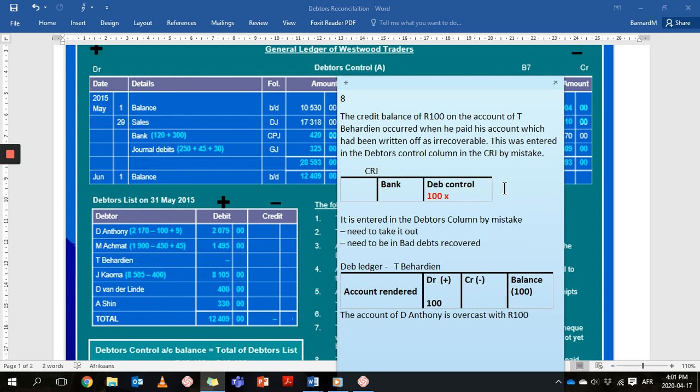It was supposed to be in the sundries as bad debts recovered. We then posted it to his account, which was also a mistake. And that is how the credit balance of R100 appeared here. So we now have to debit his account, and then he will have a zero balance, as you can see there.